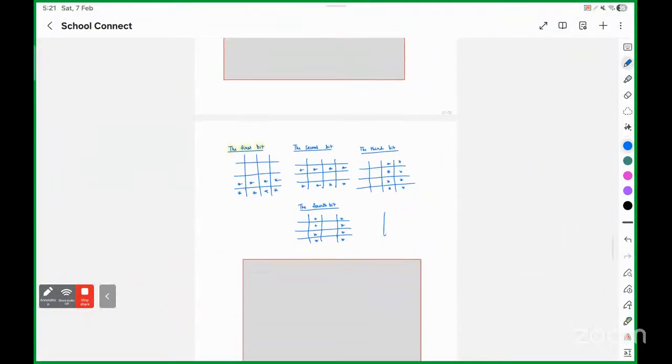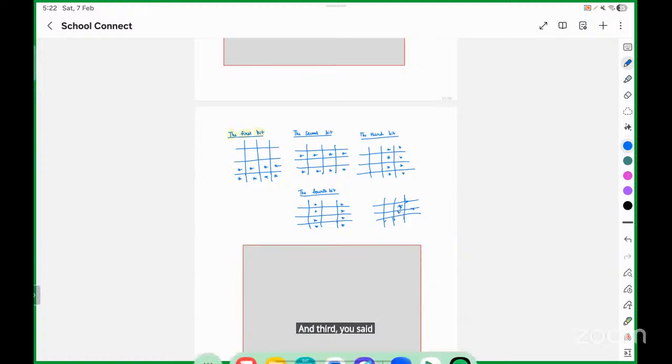So you are saying third from the left, this one, and second and third, you said, right?